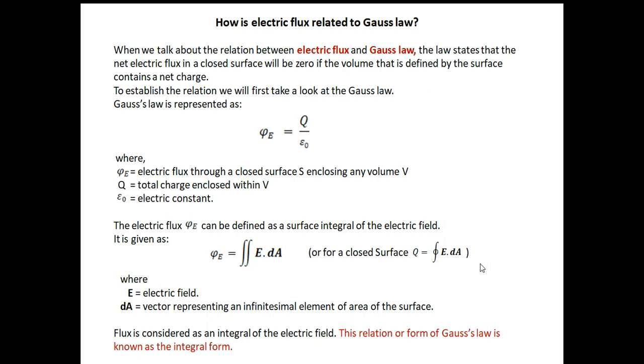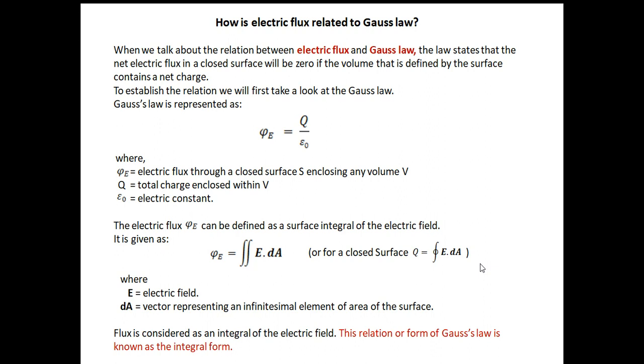Gauss's law is simply written, without using any integration, as phi E is equal to Q upon epsilon 0, where epsilon 0 is the electric constant, which I mentioned. 1 upon 4 pi epsilon 0 or 1 upon epsilon 0 being constant quantities, we will call it the electric constant. Epsilon 0 is the permittivity of free space.